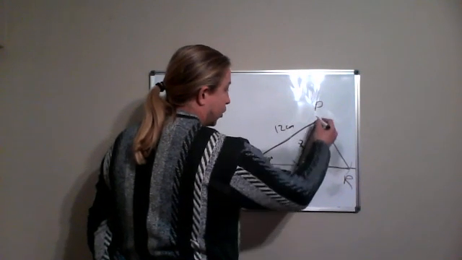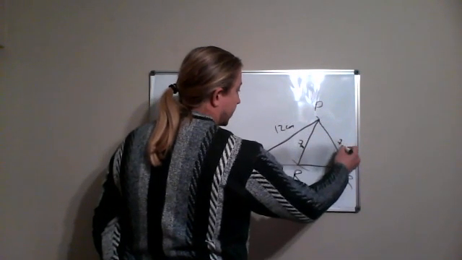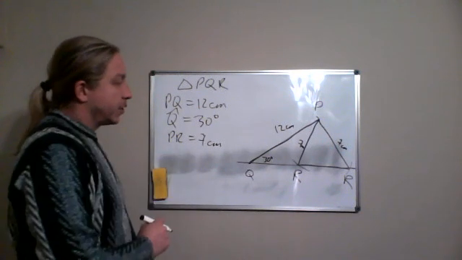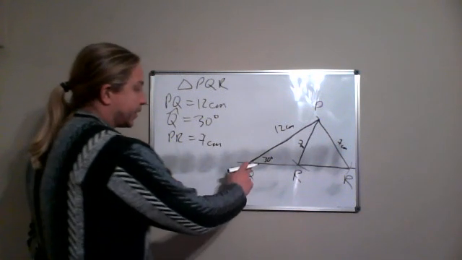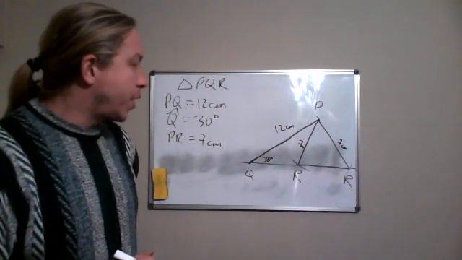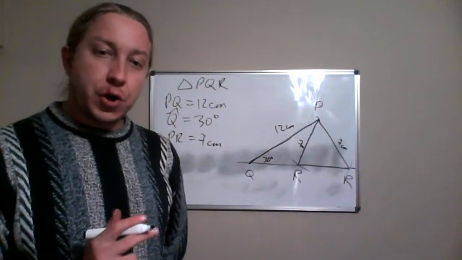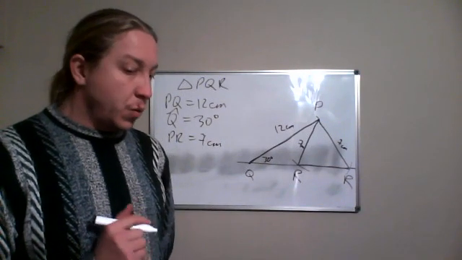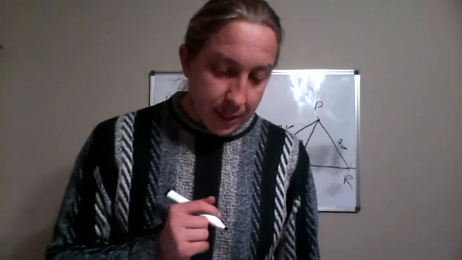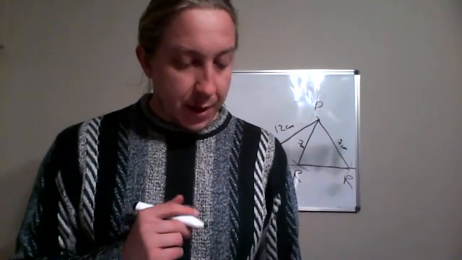And since those sides are the same, they're all 7 centimeters. That was given to us anyway. And this side we can measure, because it's not a right angle triangle, so we don't really know whether we can use Pythagoras or not. So you can measure those sides and see if they match up.